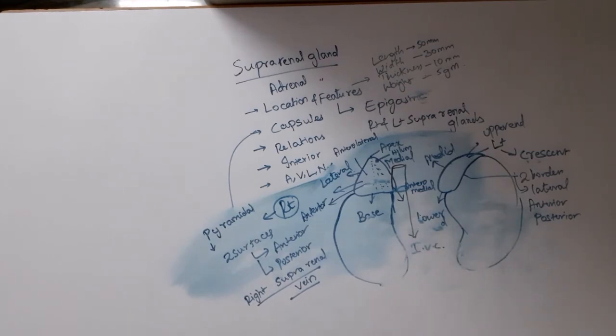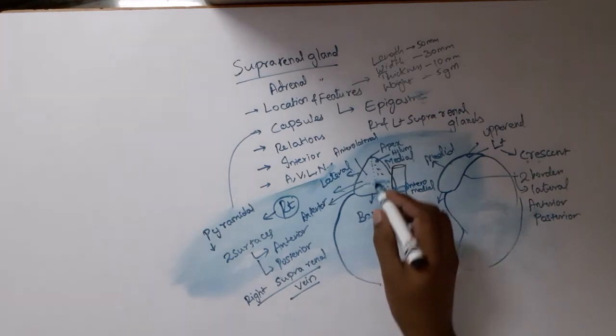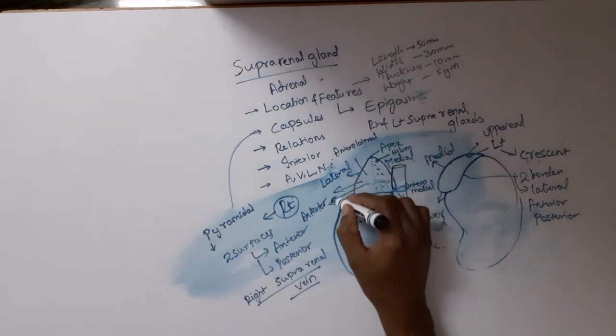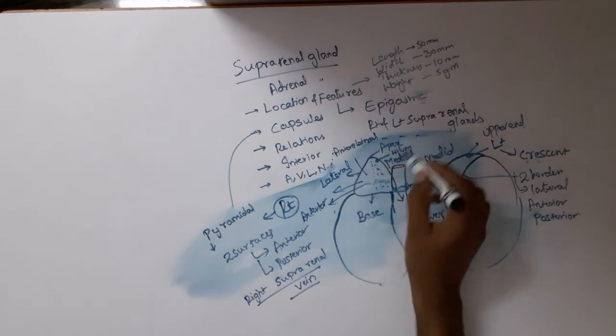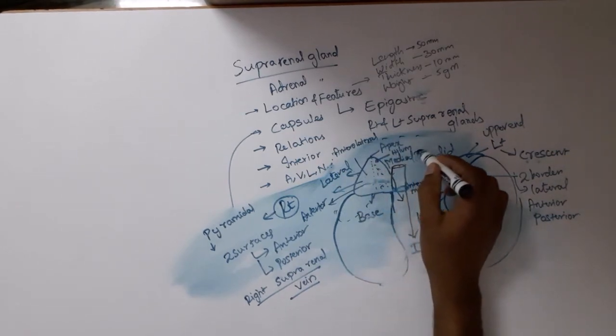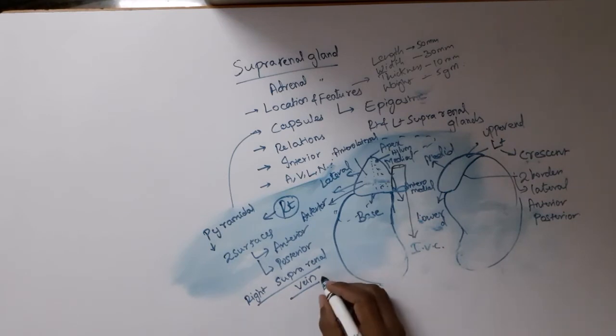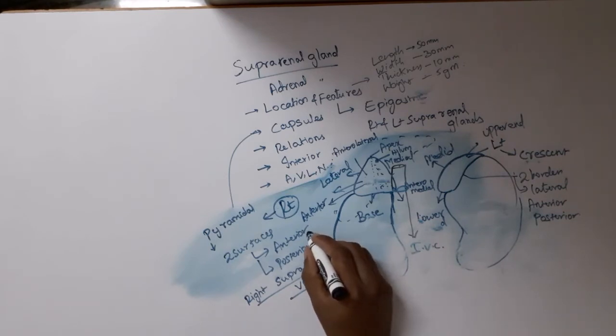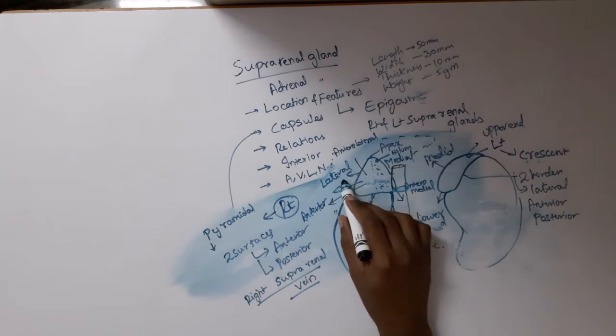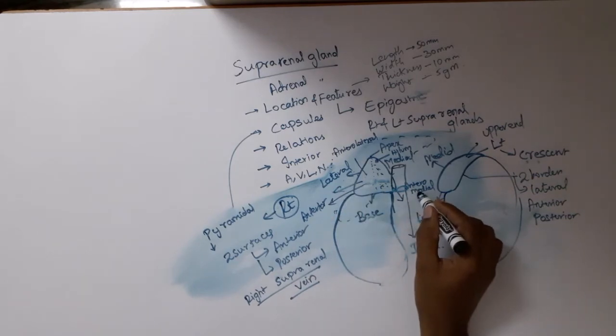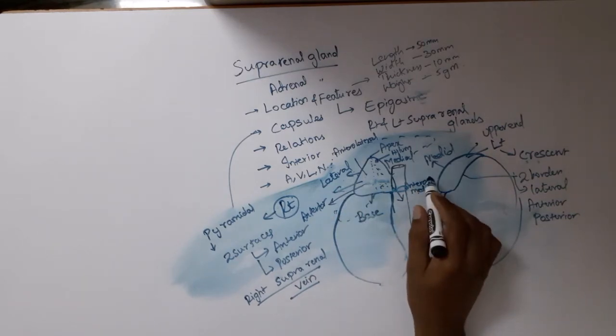Then the anterolateral part. Suppose what lies on the right side of your body, that is the liver. So the anterolateral part is related with the liver, and the anteromedial part is related with the inferior vena cava.